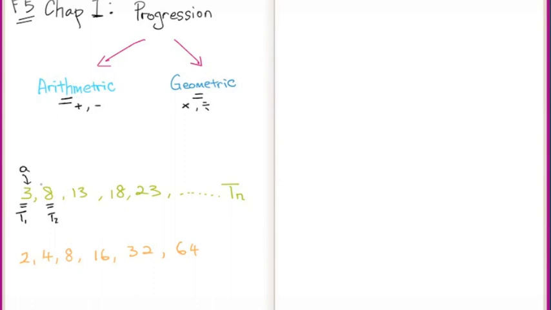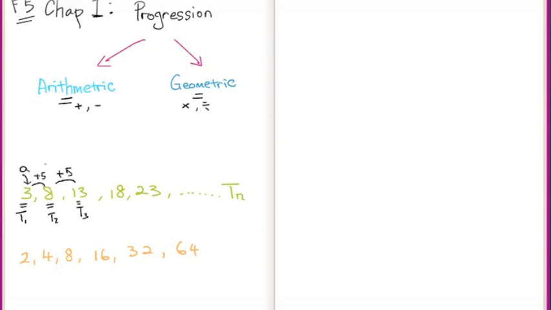Now, if you want to find a relationship between the terms, you will realize that the third term is plus 5 of the previous number. 3 plus 5 is 8. 8 plus 5 is 13, and so on and so forth.